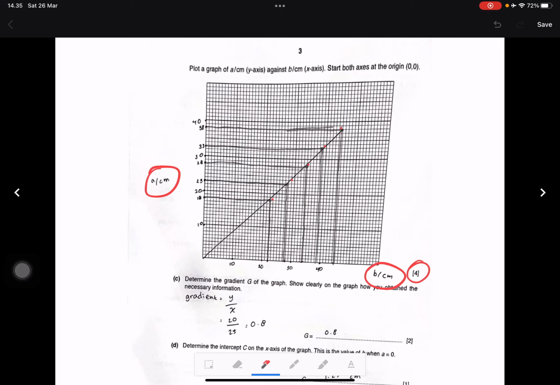You can find it by drawing a triangle on this line: delta y per delta x is the gradient. Use 20 and 25. This is 25, this is 20.